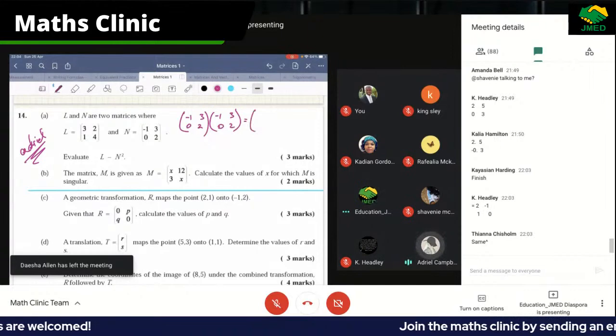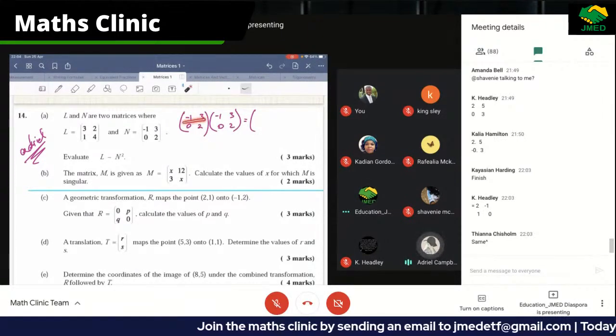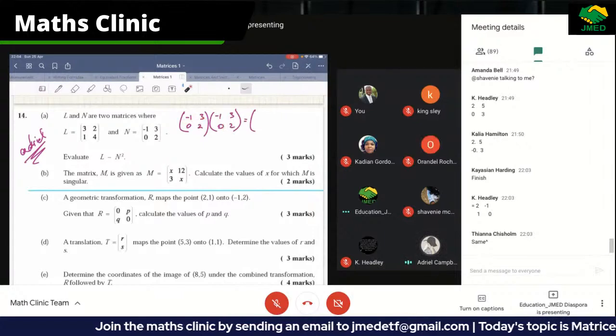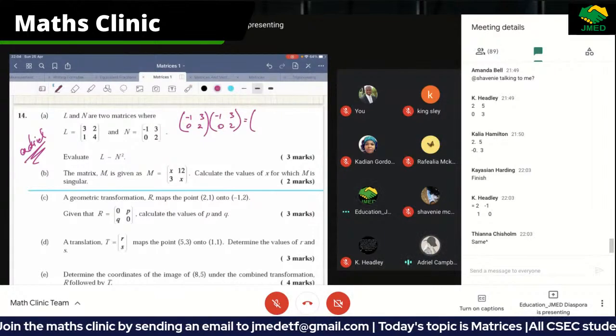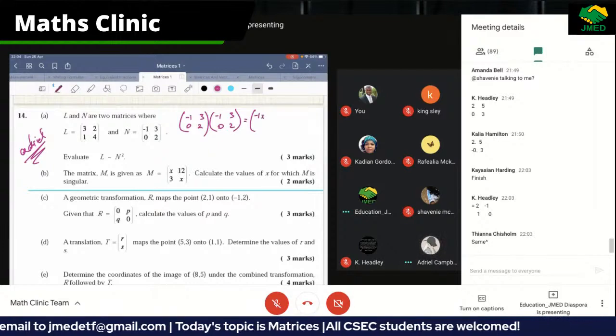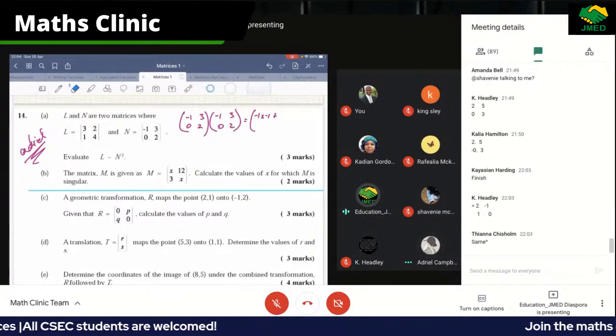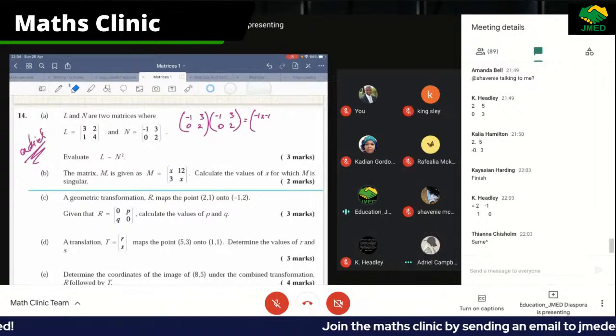Okay, first you'll have to multiply the first row by the first column. So that's negative 1 times negative 1 plus 3 times 0. Yes, so that would give me a 1. And let's go across now.